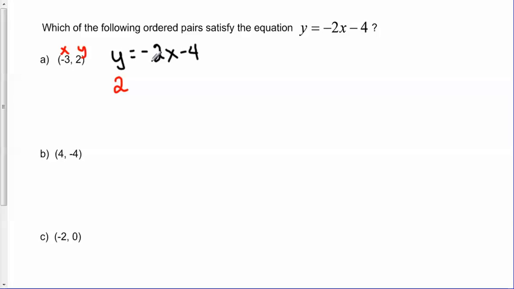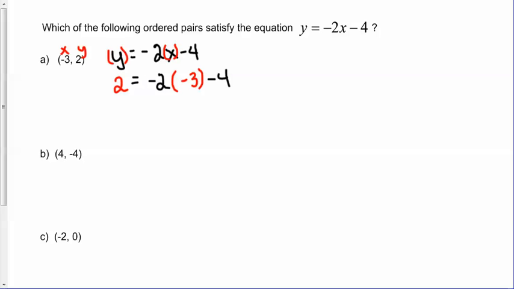I'm going to see, does that equal negative 2 times the x value? Notice the x value is negative 3. And then we bring down that minus 4. So what we've done is we've just taken out the y and the x, and we've replaced them with these values from the ordered pair.